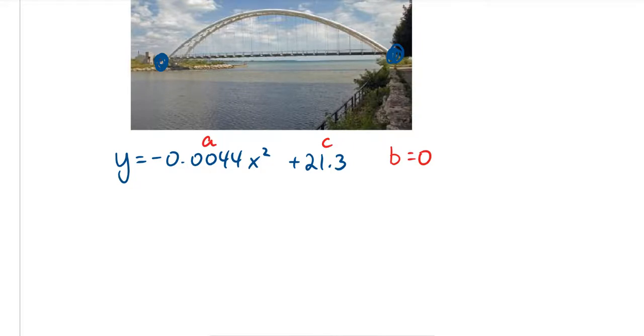Okay, so let's find our x-intercepts. We need to make y 0. So y equals 0: negative 0.0044x squared plus 21.3. Here's the equation we're going to solve, and we're going to use the quadratic formula to help us do it.